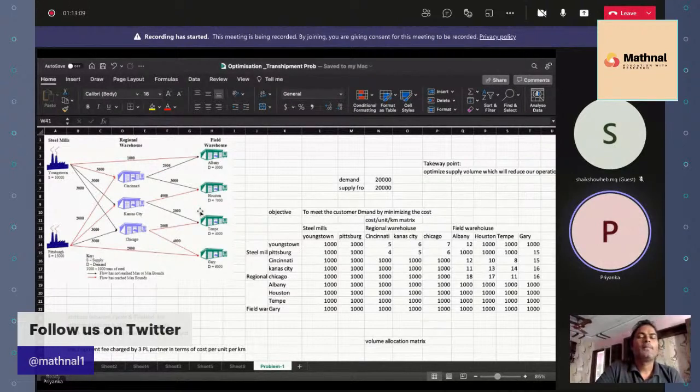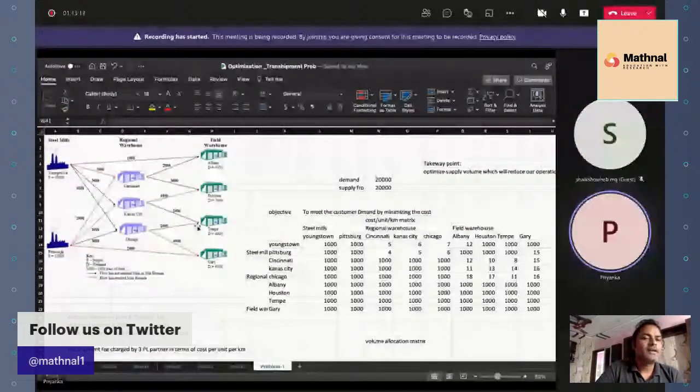Okay, so let's say the total dispatch volume. Cincinnati is receiving how much? 3,000 plus 3,000, 6,000. Look at the flow from Youngstown to Cincinnati: 3,000.